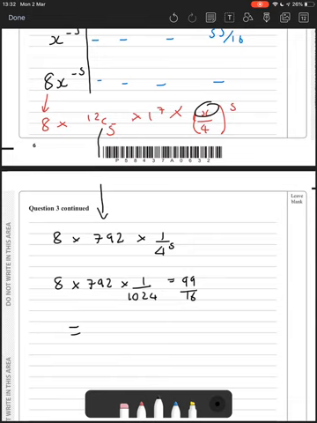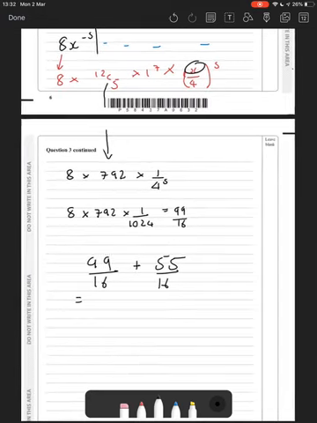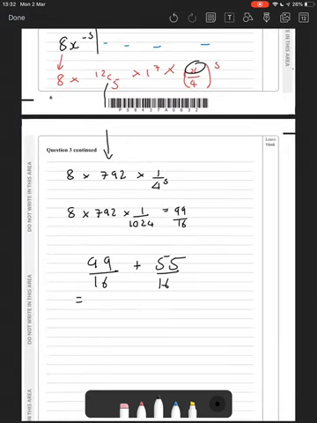So we want to do 99 over 16 plus our 55 over 16. And this should give us the term that is independent of x. So add those two together and we end up with 77. It cancels down over 8 if my calculator is correct. So there we are, that is the term that is independent of x in this question.